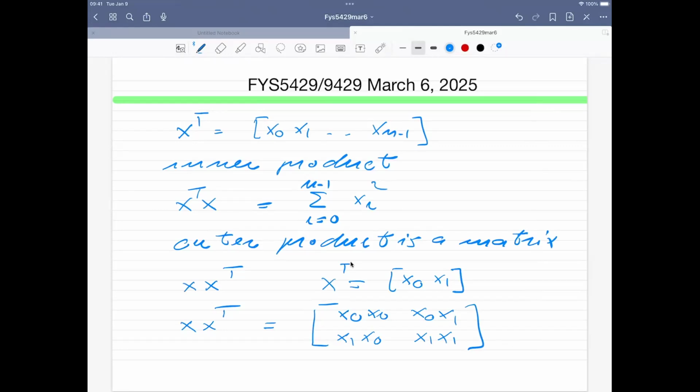Now, the Hadamard product, on the other hand, gives us a compact way of writing out element by element multiplications.